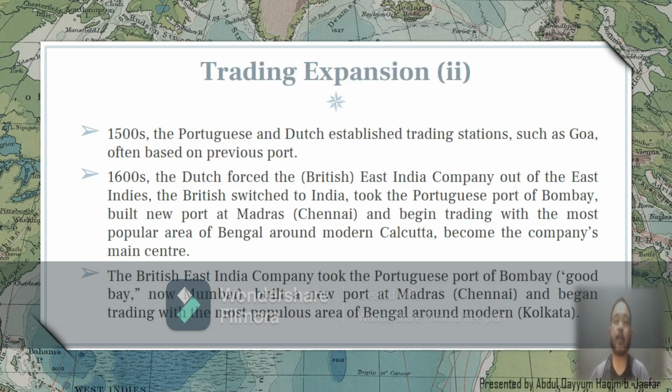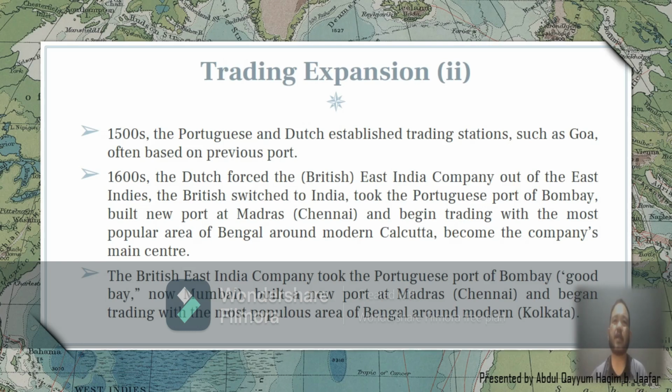Okay, trading expansion point 2. In the 1500s, the Portuguese and Dutch established trading stations such as Goa, often based on previous ports. In 1600, the Dutch forced the British East India Company out of the East Indies.